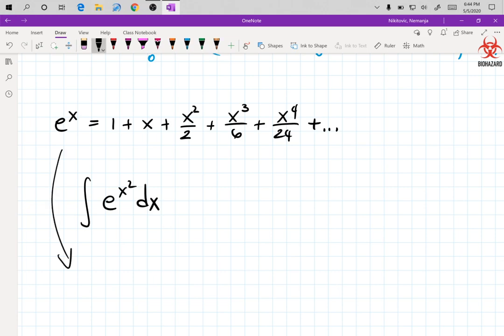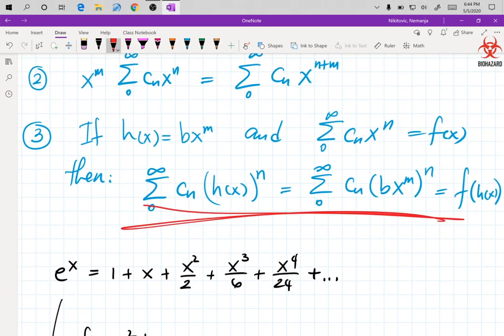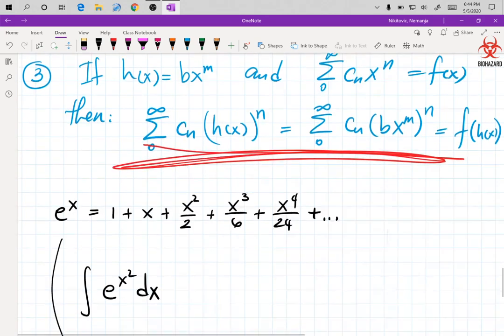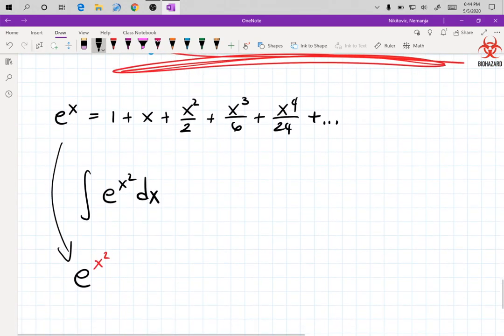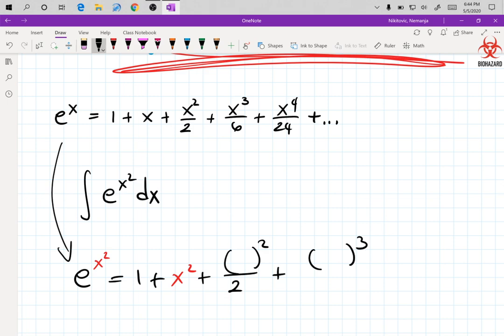So now, what is e to the x squared rather than e to the x? Well, by this theorem here, all I need to do is go here and replace every x I see with x squared. And we're good to go. So what do I get? I get 1 plus x squared plus x squared cubed over 6 plus x squared to the 4th over 24 plus ..., and each one of these parentheses is x squared.